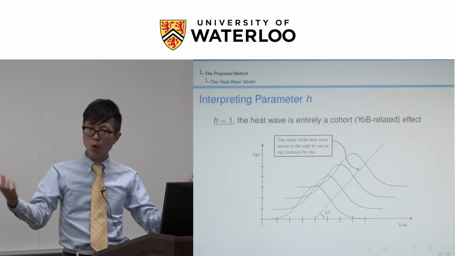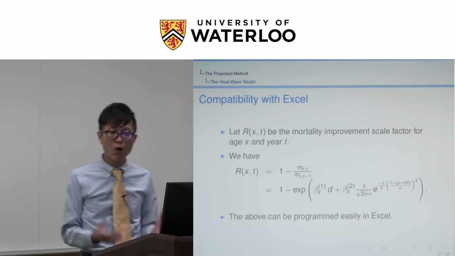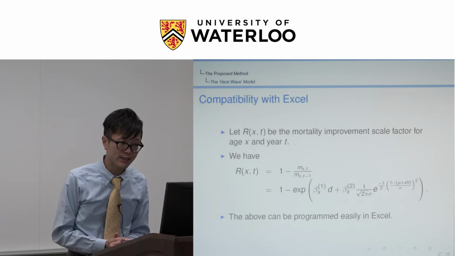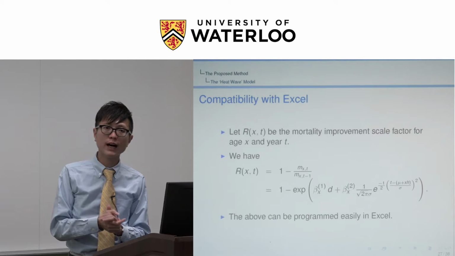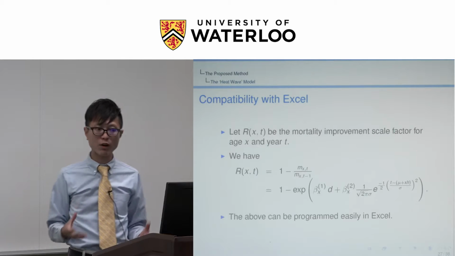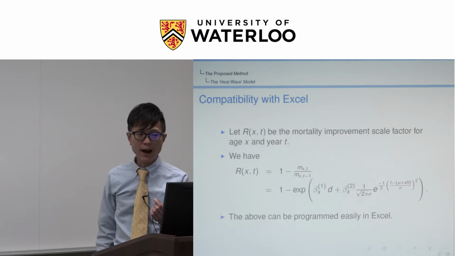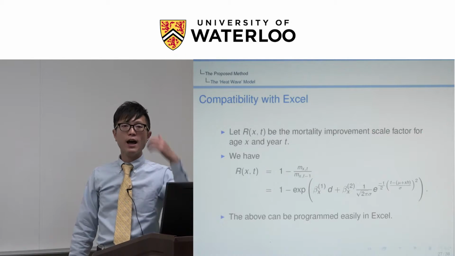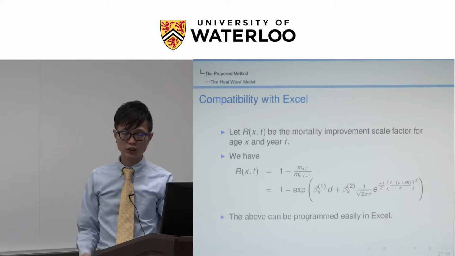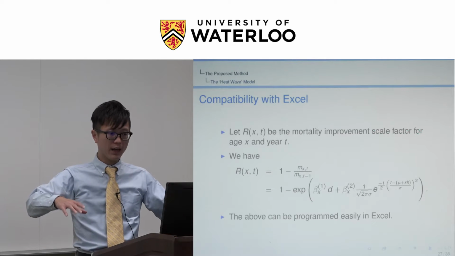Before I present the estimation results, I wanted to mention that the heat wave model is very practical. Typically, in a mortality improvement scale, scale factors are defined as annual percentage reduction in mortality rates.